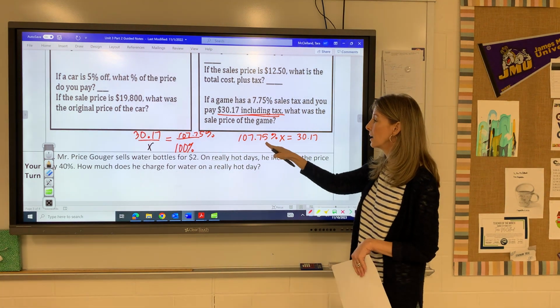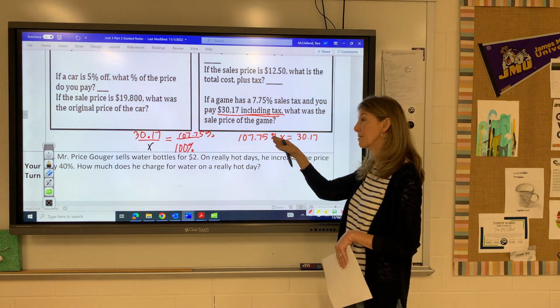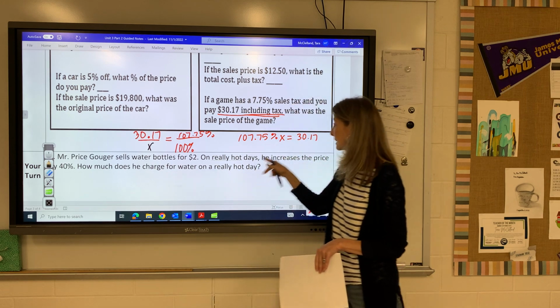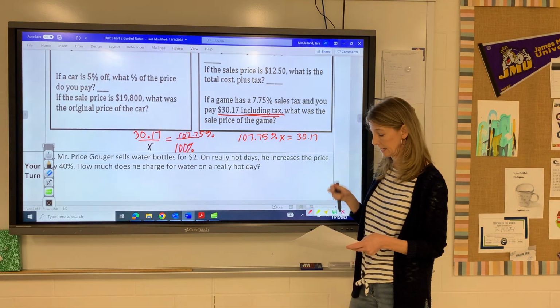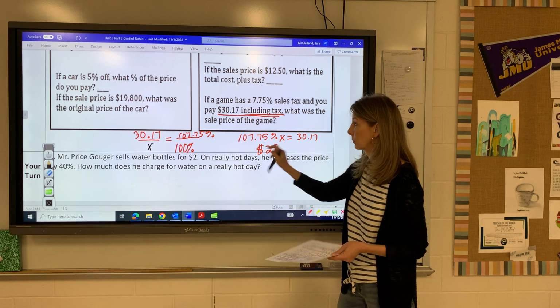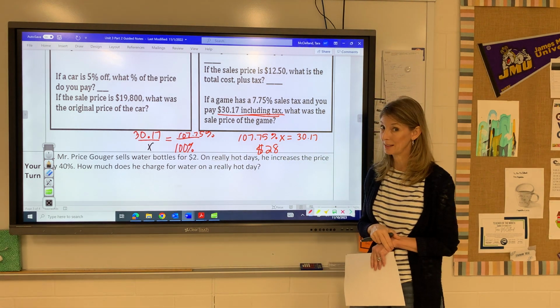In other words, 107.75% of the full price of the game without the tax is 30.17. And when you solve this, by the way, whether you use proportion or equation, you get $28.